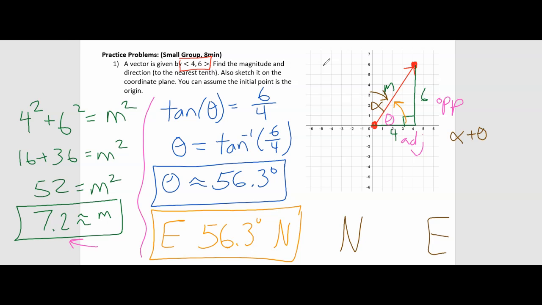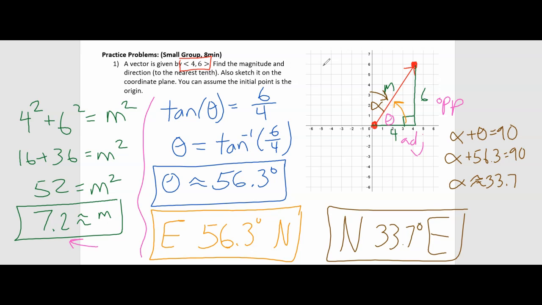Because alpha plus theta should equal 90. So alpha plus 56.3 equals 90, which means alpha is equal to 33.7. It is approximate because 56.3 was approximate. So we could also say north 33.7 degrees east. So three different ways you could describe the direction of this vector. One, just with the angle, and that would be if they didn't ask for compass directions. If they did ask for compass directions, then you have your choice of either orange or brown down below.